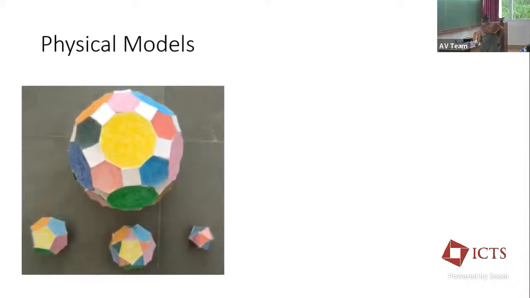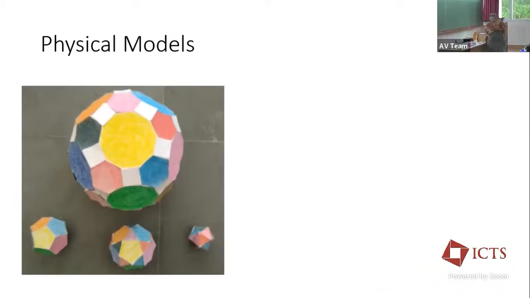So the icosahedron, which is this one, is roughly this size. The dodecahedron will be this big, okay, and as I said, ginormous.